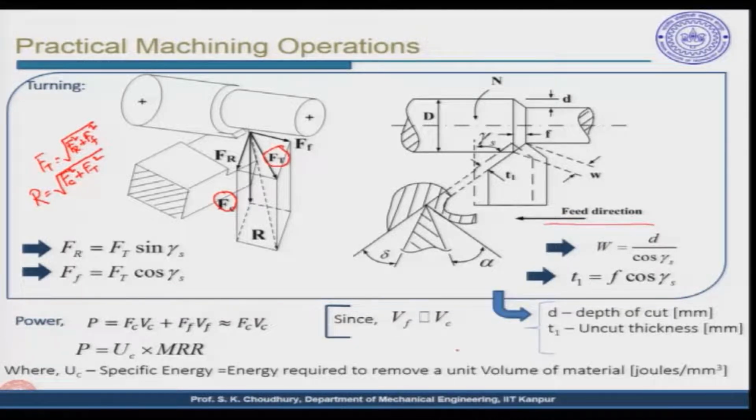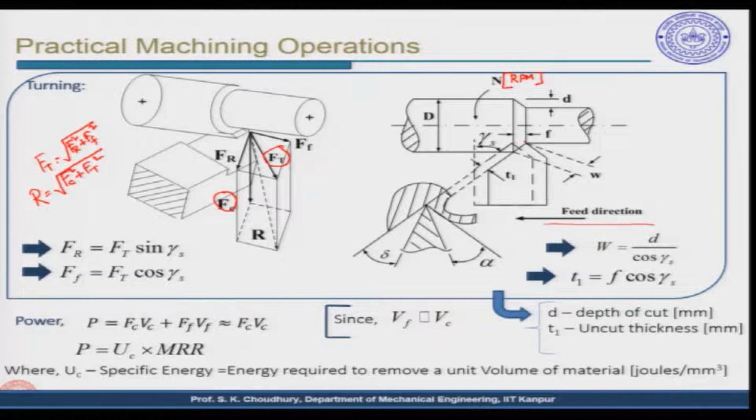Okay. Now, if you see the view as it is shown here, this is the tool and it started machining. So, this much depth of cut has been machined, and let us say the tool position at a certain time is here, and after one revolution of the workpiece, where the revolution of the workpiece is n, given in RPM, that is revolutions per minute, the tool has moved from here to here.